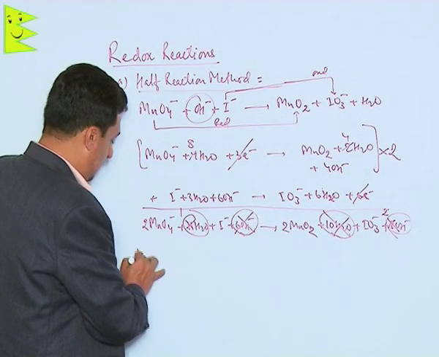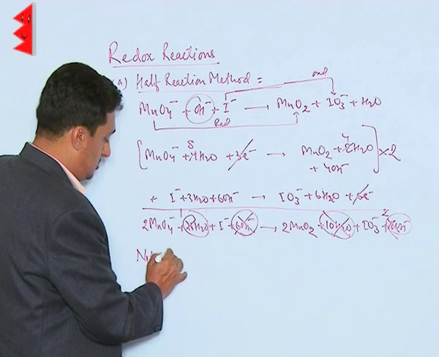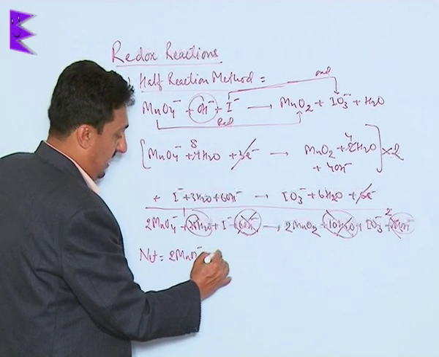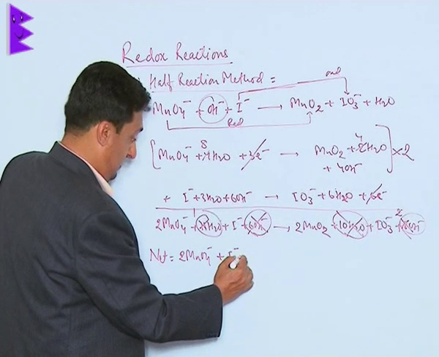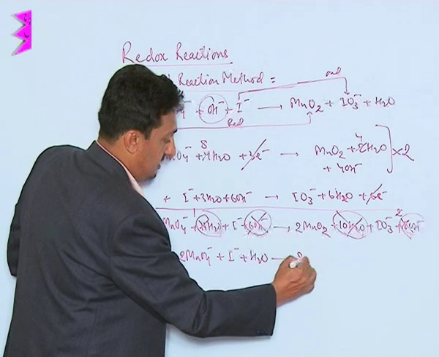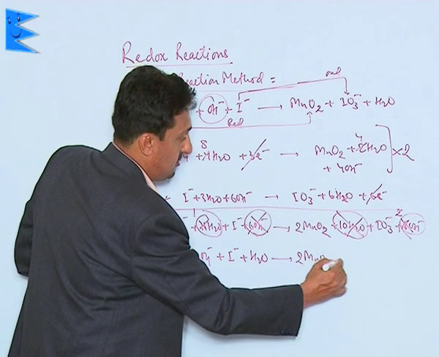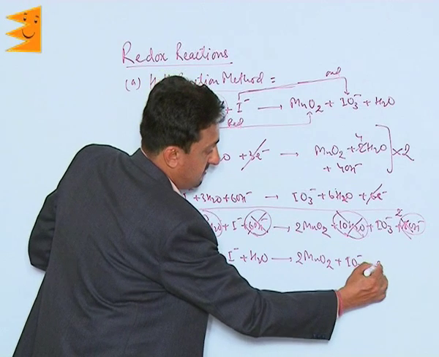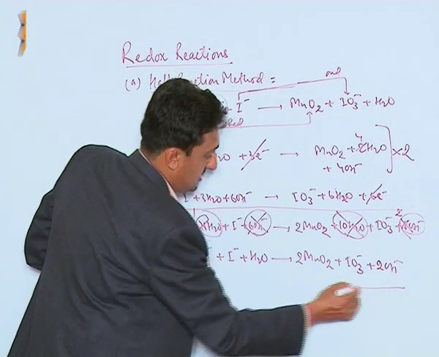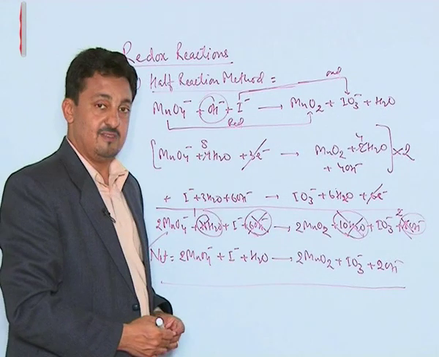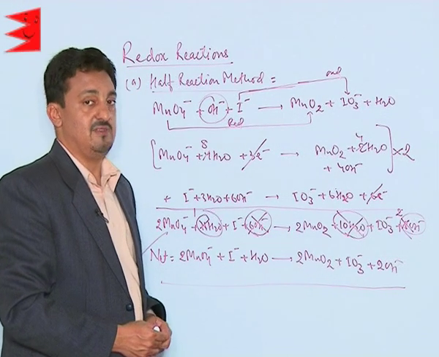So the net equation becomes: 2 permanganate ions reacting with iodide ion and 1 water molecule, giving us 2 MnO2 plus iodate ion plus 2 OH minus ions. So this is your net equation, which is already balanced both with respect to the atoms as well as charge.